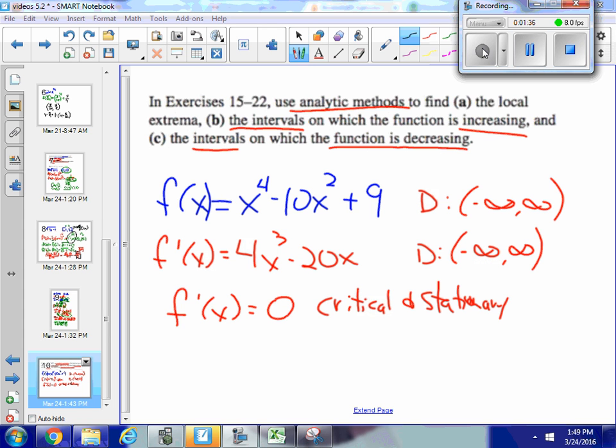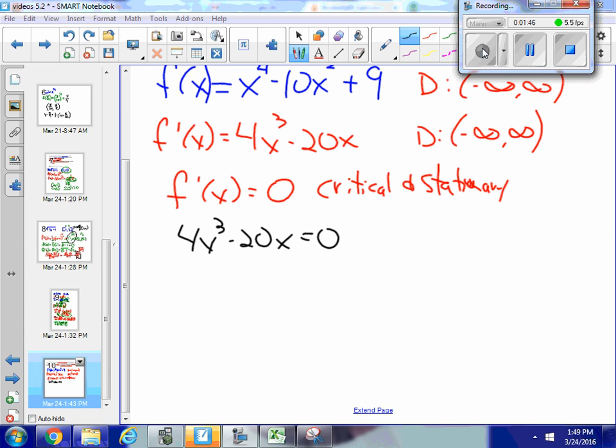So let's set my derivative equal to 0. 4x cubed minus 20x equals 0. So I think I will start by taking out a 4x, and I will get x squared minus 5 equals 0. So clearly, one critical and stationary point is going to be x equals 0.